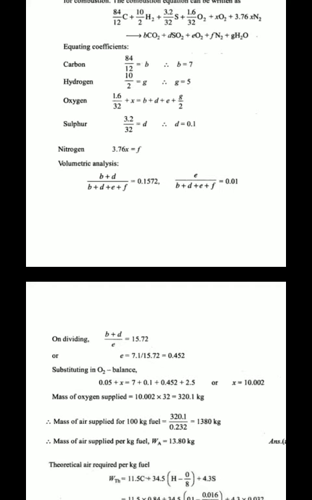From there, the mass of air supplied for 100 kg of fuel is 321 by 0.232, because air contains 23.2% oxygen by mass, and the remaining is nitrogen if we neglect the other constituents. So the mass of air is 1380 kg, the amount of air supplied to 100 kg of fuel. So for 1 kg, it will be 13.80 kg.